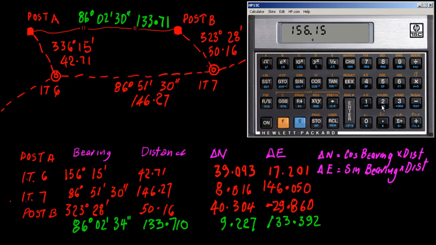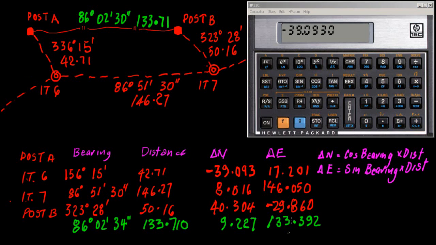156.15, make that into degrees and decimals. 42.71, make that into rectangular, and there we have our delta N, where it appears that I have omitted to put the negative sign there, so we'll just fix that up now.